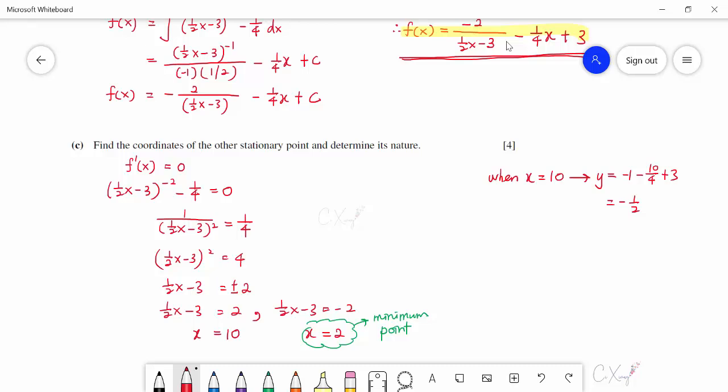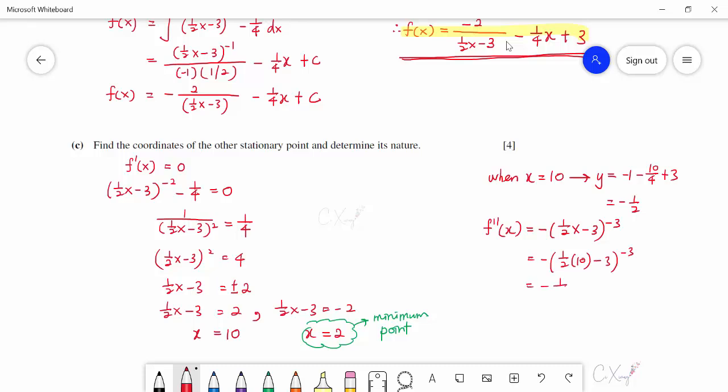Okay, alright, so you have the x coordinate and y coordinate already. Now we want to decide whether it is a maximum point or minimum point. So this is my f prime x. I rewrite it again for k equals negative 3. And of course, I need to substitute the value of x. So for this point, x is 10.